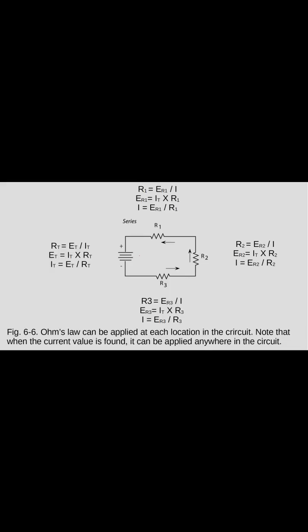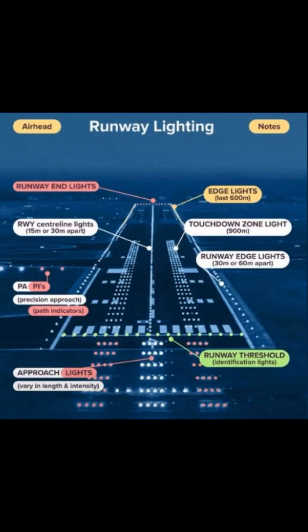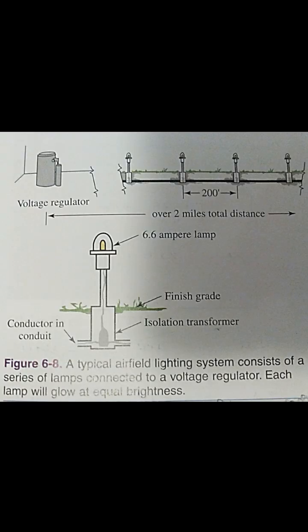When the number of lamps changes, the amount of applied voltage from the regulator will change in order to maintain a constant 6.6 amperes applied to the circuit. By maintaining a constant 6.6 amperes to the circuit, each lamp will burn at the same brightness regardless of how many lamps are lit at once and regardless of the voltage drop along the length of the conductor.